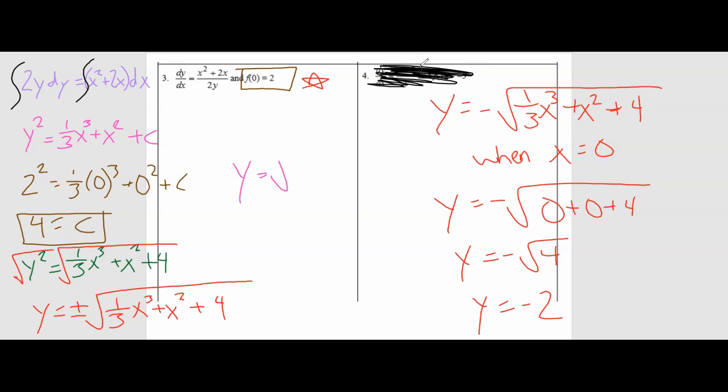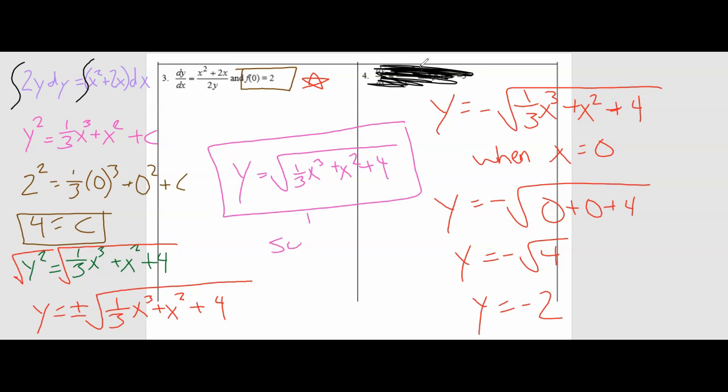So y is equal to the square root of 1/3 x cubed plus x squared plus 4. This is our solution. So if you have a y squared, or you haven't solved for y yet, you need to do that because you may have to eliminate certain solutions that don't fit the initial condition.